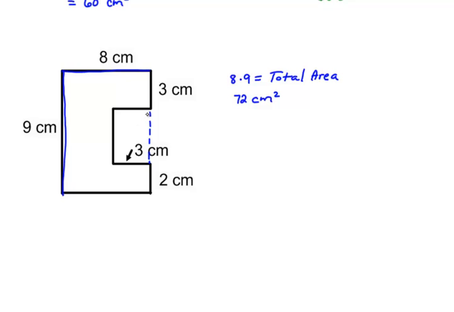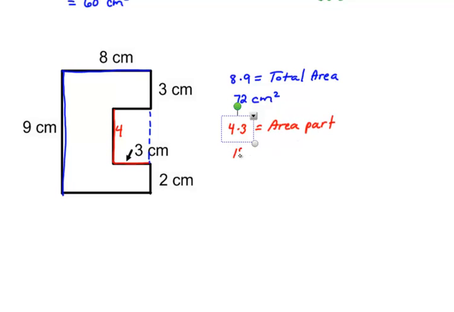Then what you're going to do is you're going to find the area of the hole. So that's 3, and then this is going to be 9 minus 3 minus 2, which is 4. So you take 4 times 3, which equals the area of the part.